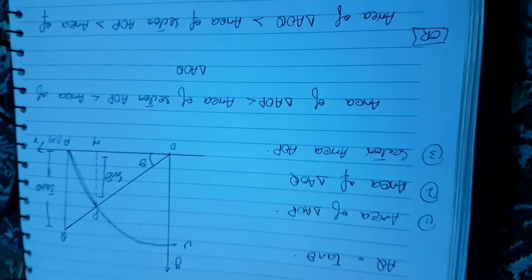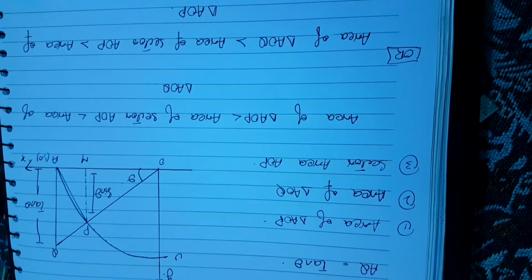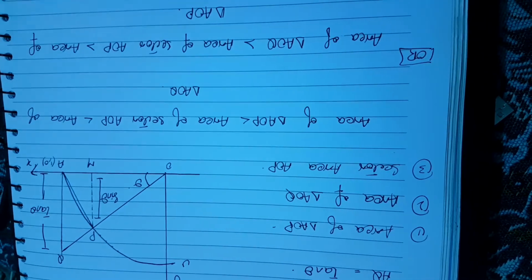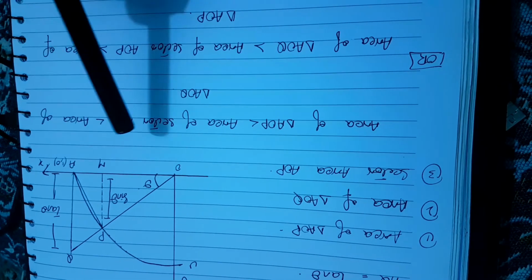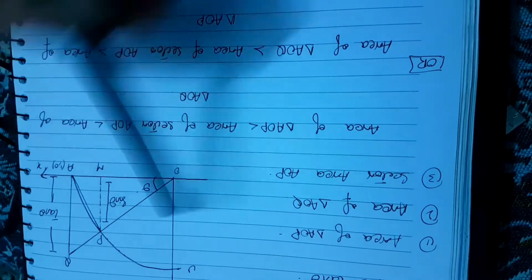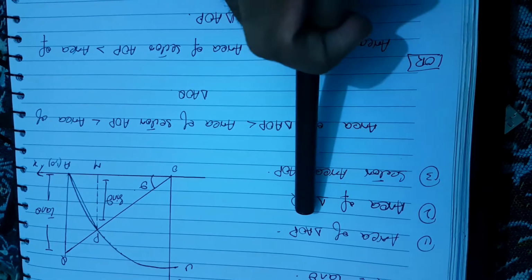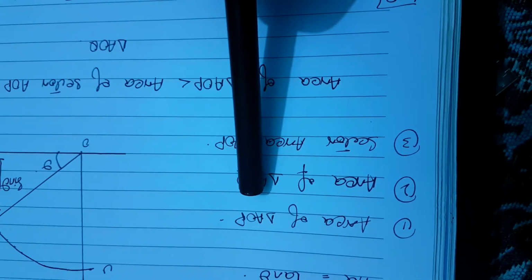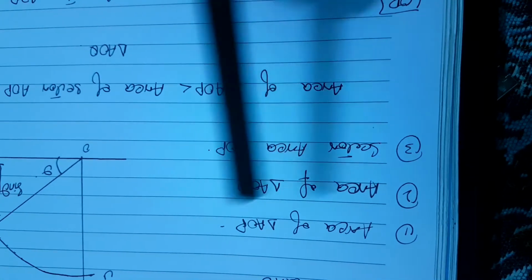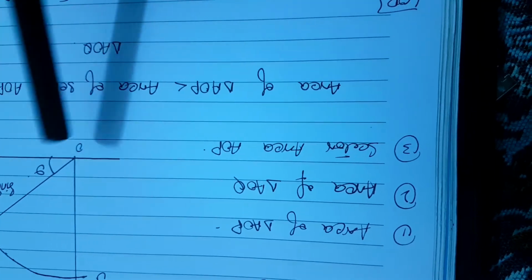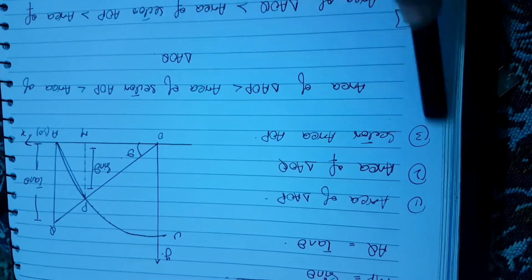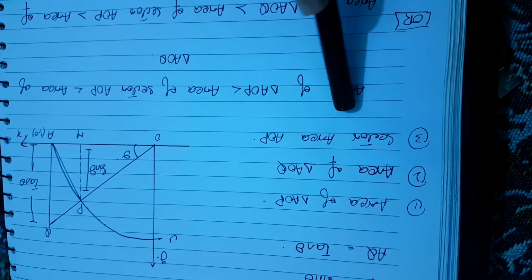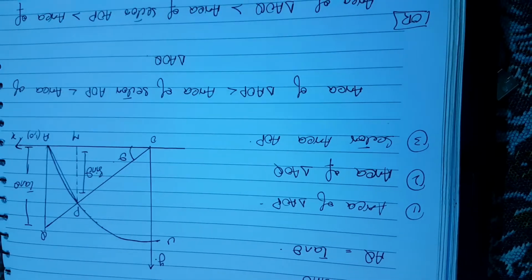In the sandwich theorem we have to compare the areas of the sector and both triangles. Number one, find the area of triangle AOP; second, the area of triangle AOQ; and third, the area of the sector AOP.